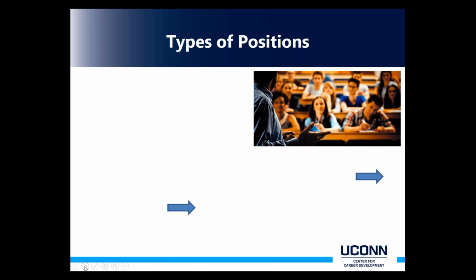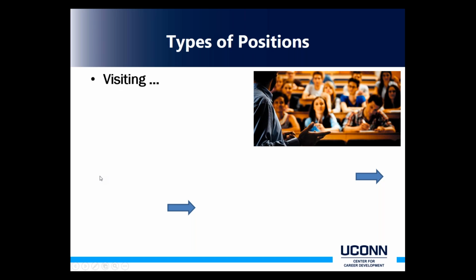Now, as you look at the job postings, you will notice all types of positions being listed. Unfortunately, you cannot assume that one position at one university is exactly the same at another university. As an example, a visiting professor at one institution might have a 2-year contract, while at another institution, it might have a 1-year contract.